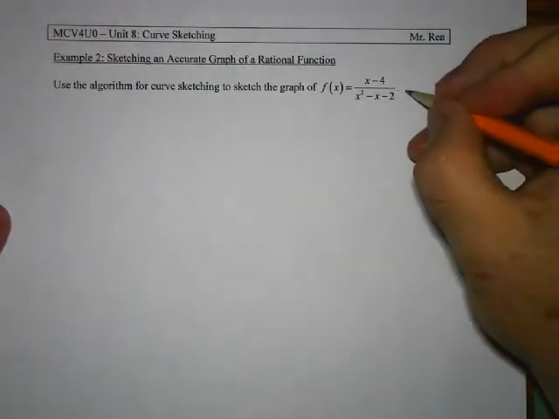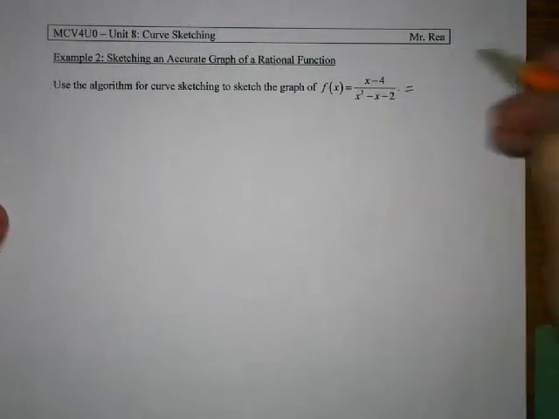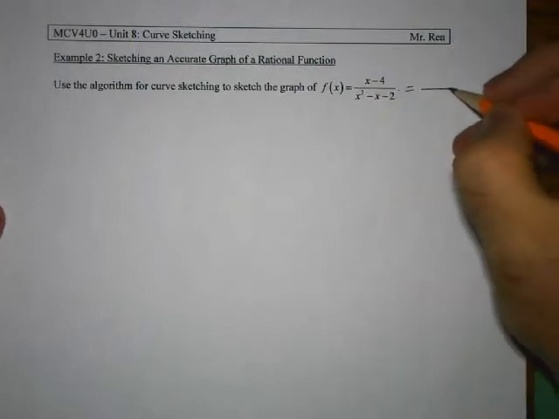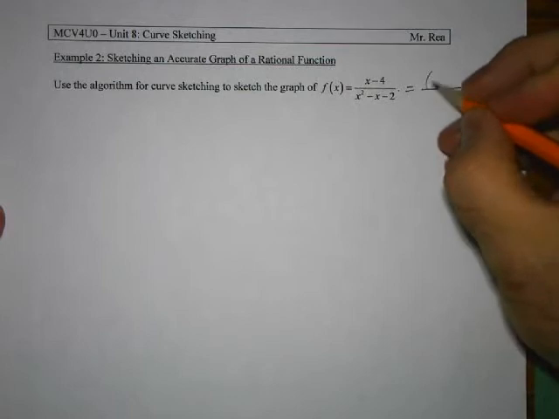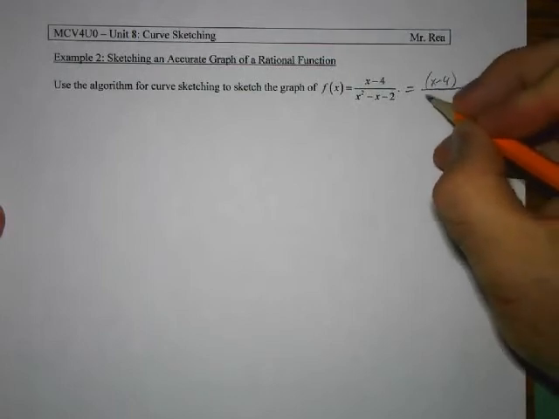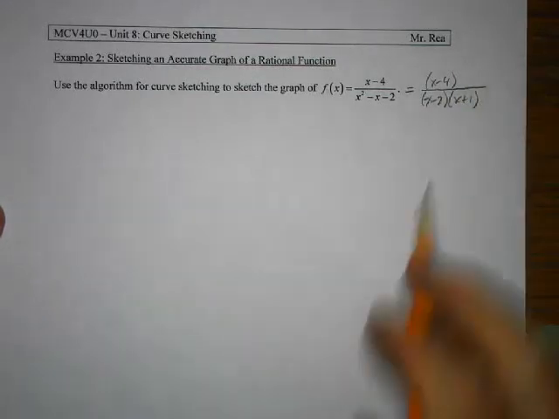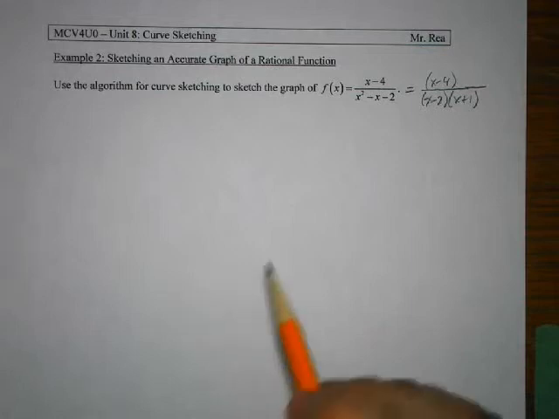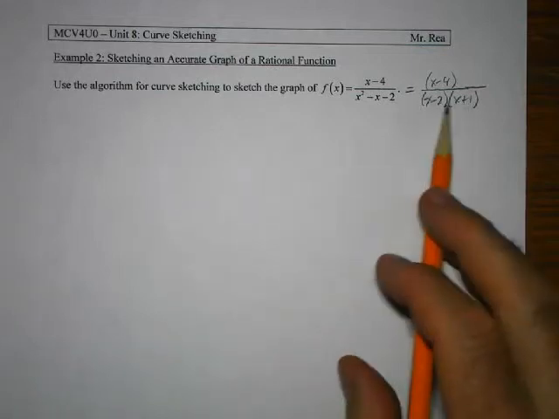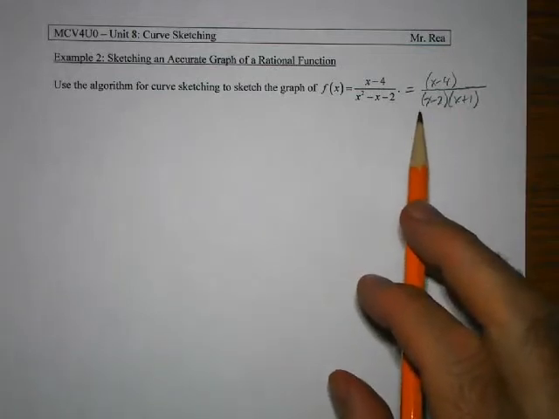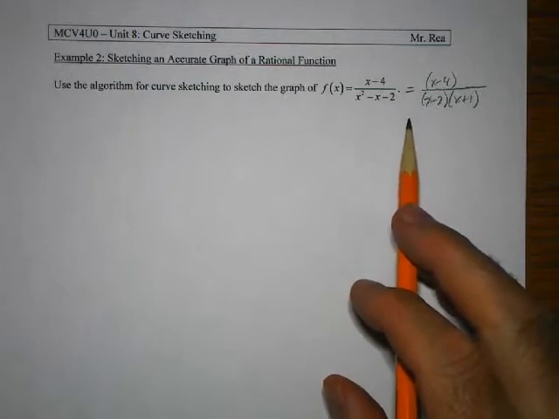First thing we're going to do is factor if we can, and most of the time you can. So x minus 4 on the top, x minus 2, x plus 1 on the bottom. We're going to be using the factored version not only to find the vertical asymptotes or holes, but also for positive, negative results, things like that.